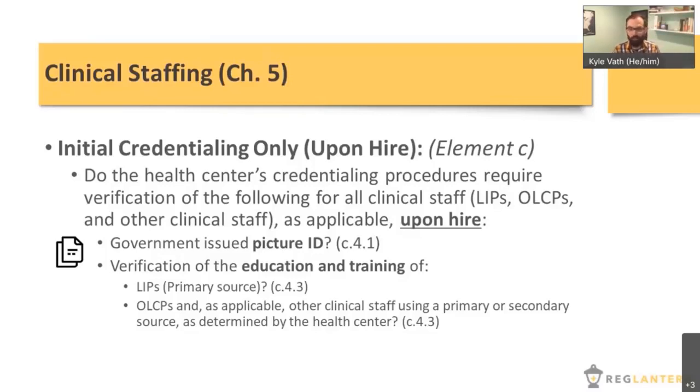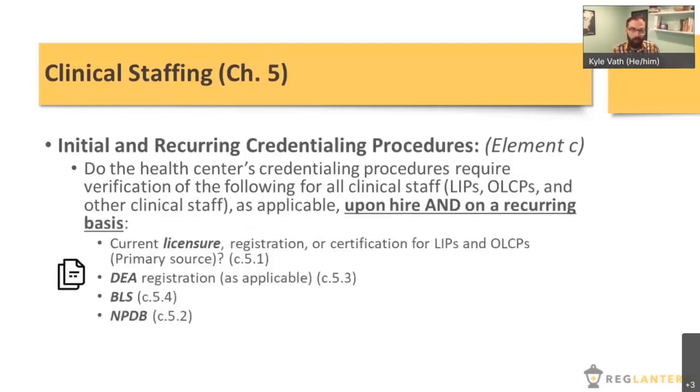It's up to you. You define that. You make that very clear and explicit in your credentialing and privileging policy. Just from my experience, if I don't see that defined, I automatically assume it's primary source verification. So you really want to make sure that you have that clearly defined, that it has to be primary source verification.